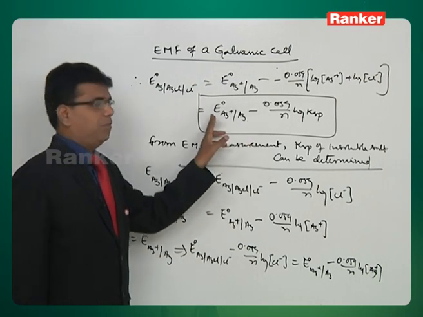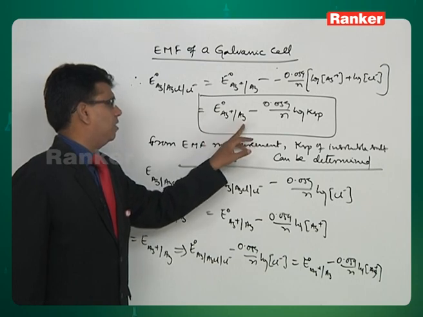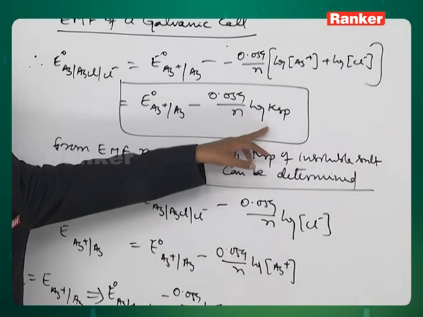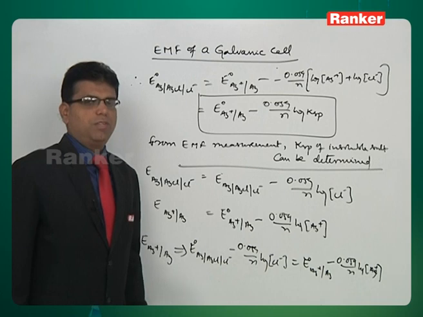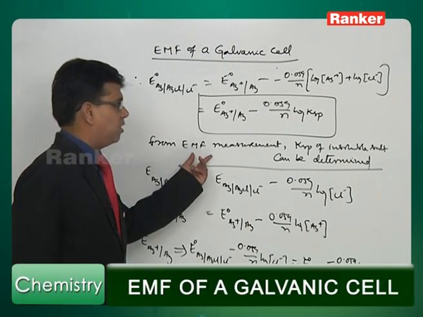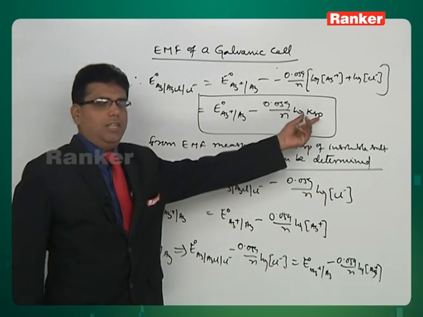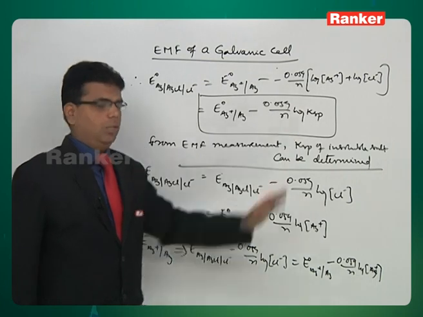So, from the table of electrochemical series, if we get E naught of Ag plus/Ag, then we can determine the Ksp of the AgCl. This is a very important application of EMF measurements, a very important application of the Nernst equation in determining the solubility product of an insoluble salt.